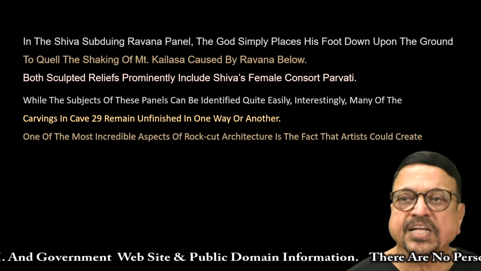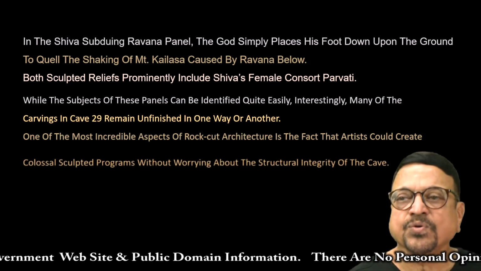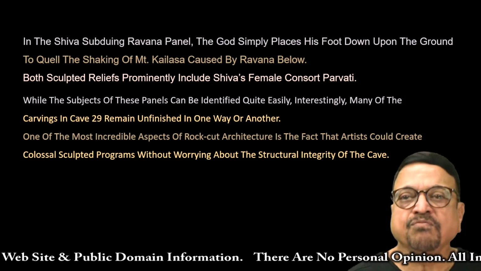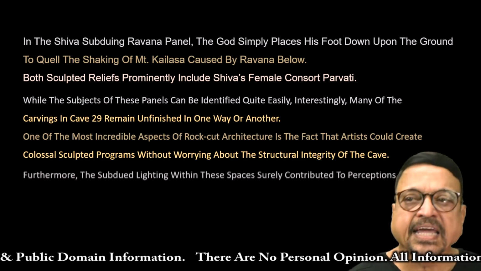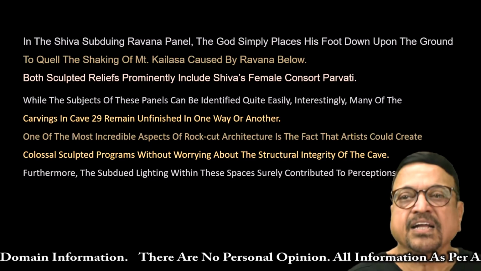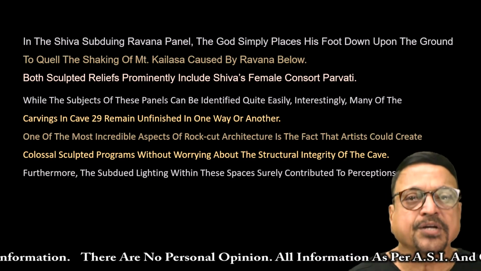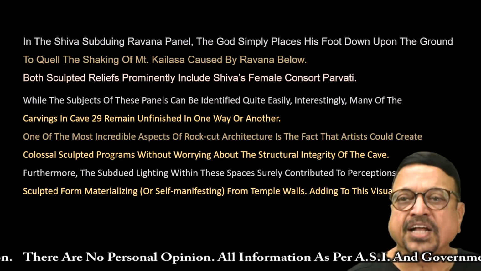One of the most incredible aspects of rock cut architecture is the fact that artists could create colossal sculptural programs without worrying about the structural integrity of the cave. Furthermore, the subdued lighting within these spaces surely contributed to the difficulty of the sculpture materializing.